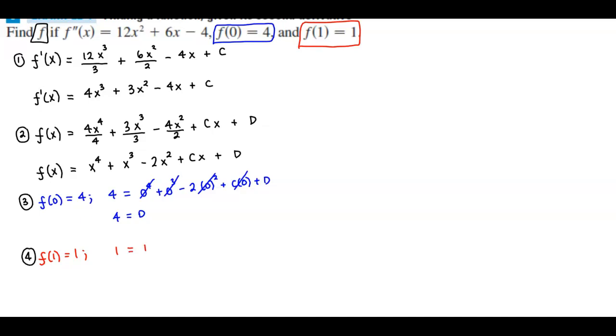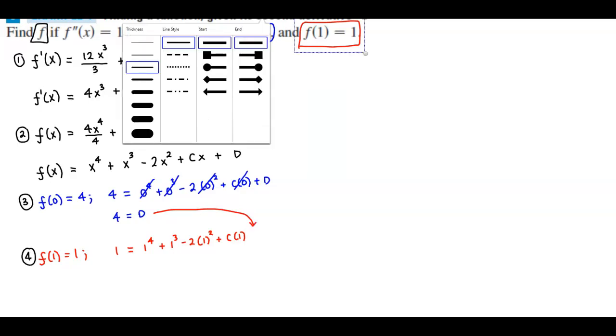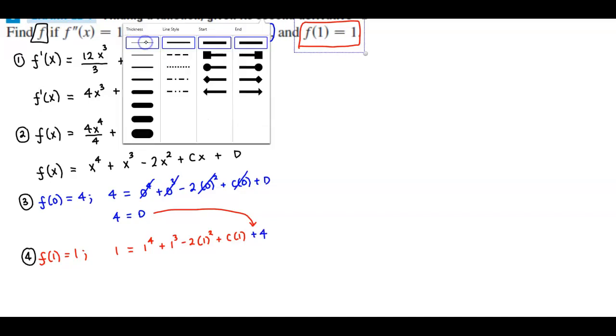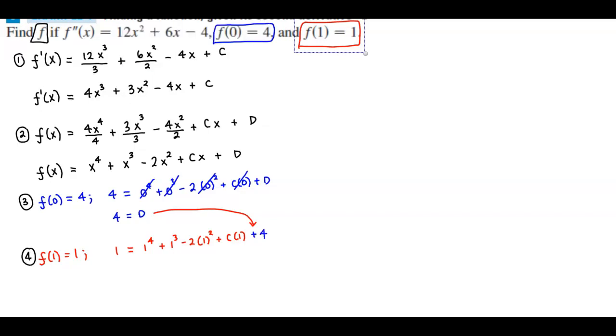That's going to equal 1 to the 4th plus 1 to the 3rd power minus 2 times 1 squared plus c times 1. And what do we know about d? Well, we know that d is equal to 4. So now we can solve for c.